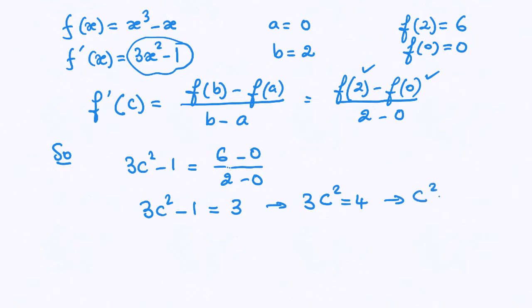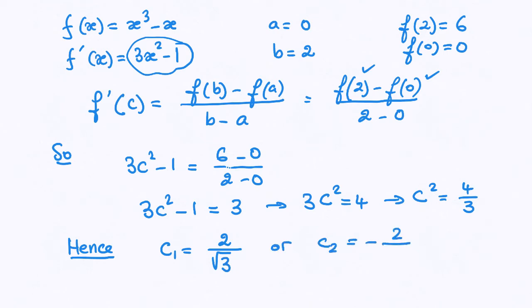So c squared is 4 over 3, which gives us hence two possible solutions. c1 equal to 2 over square root of 3, or c2 equal to minus 2 over square root of 3. But this one is to be rejected because it's not in the interval (0, 2). So in the end, this is the solution.